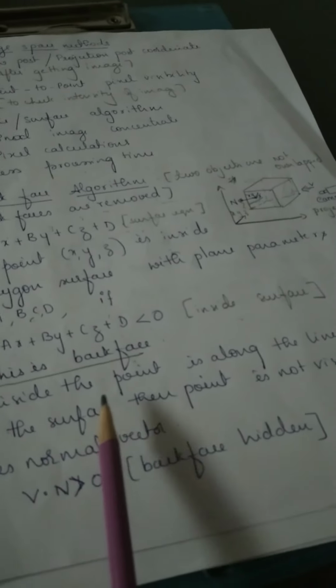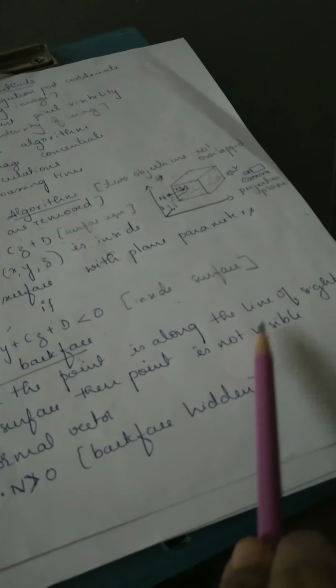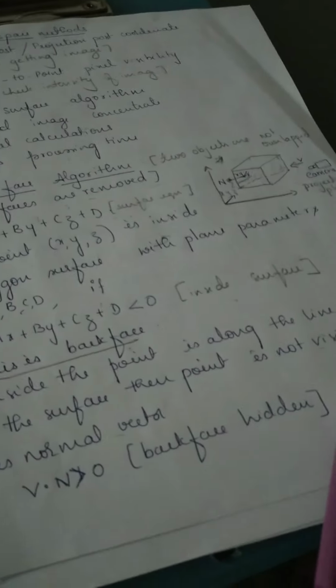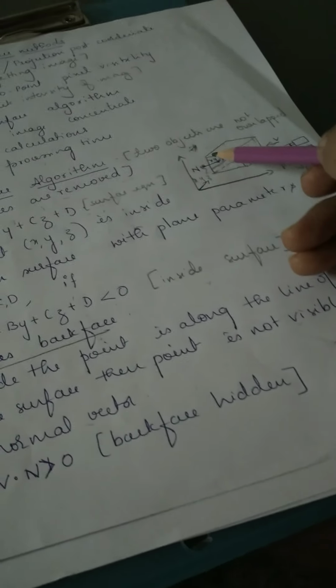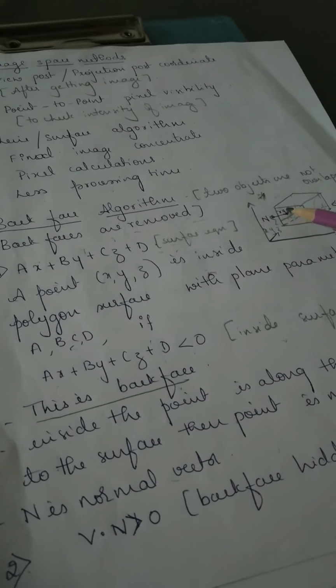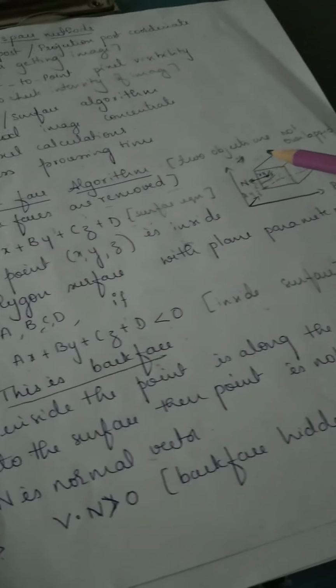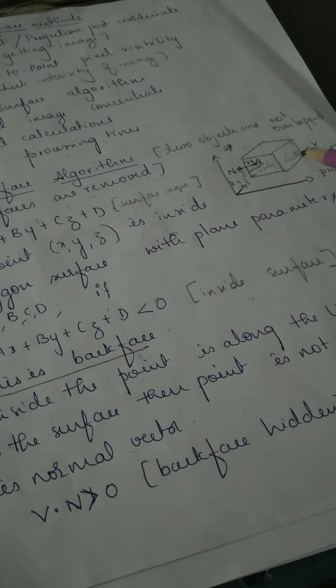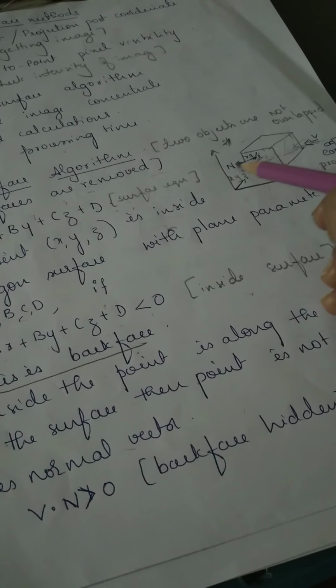If the point is along the line of sight to the surface, then the point is not visible. This is my view plane and these are in the same line.